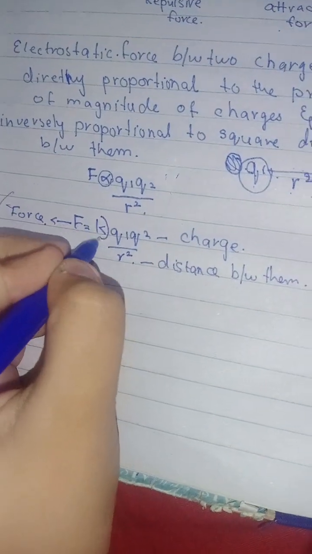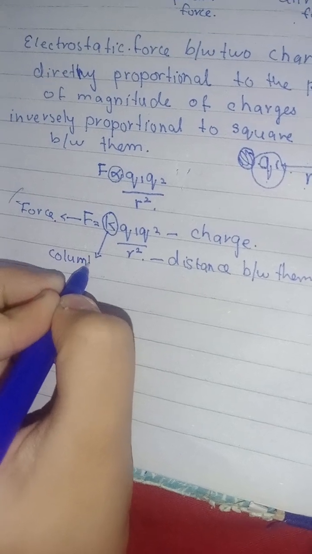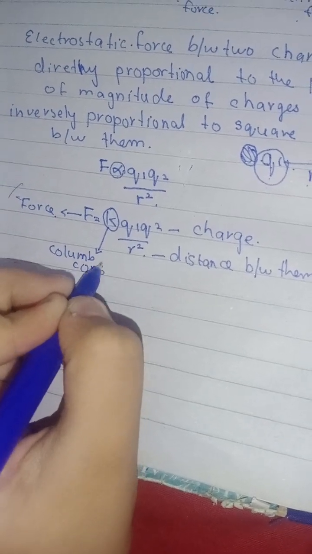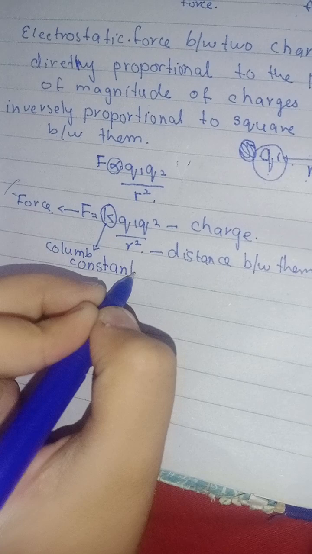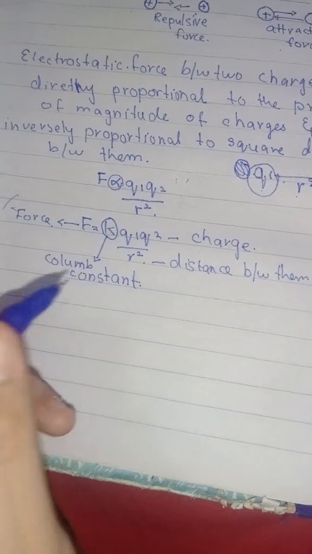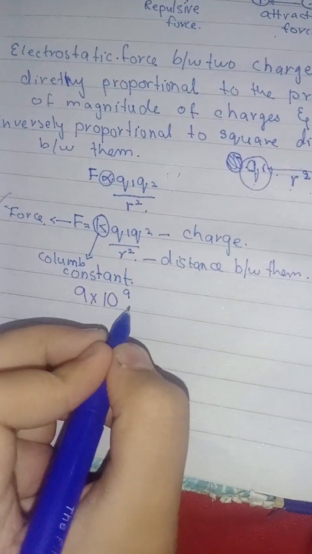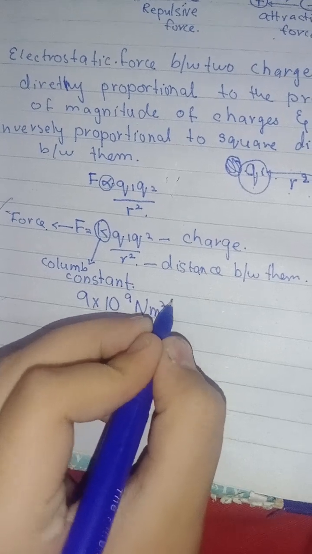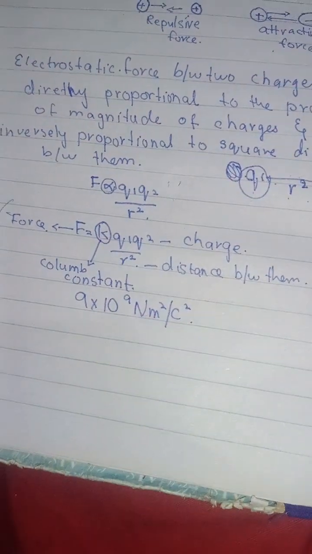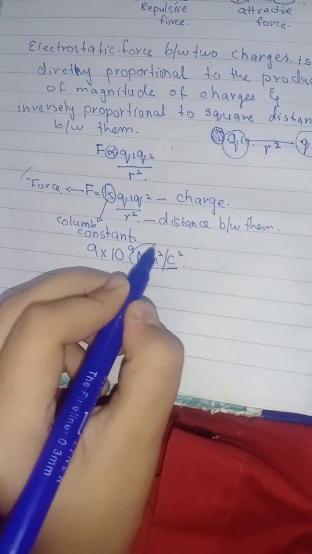K is Coulomb's constant. Its value is 9 multiplied by 10 raised to the power 9 Newton meter square per Coulomb square.